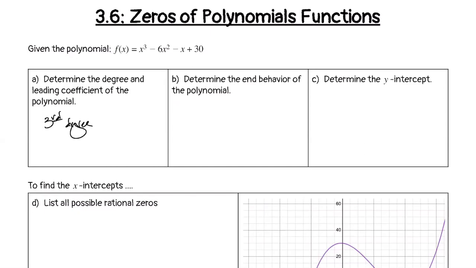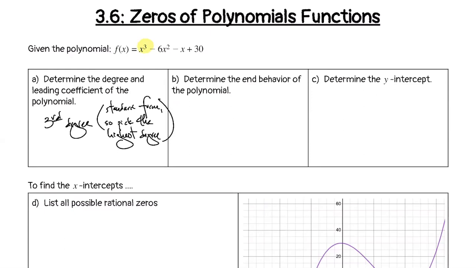And that third degree is because we have it in standard form, so we pick the highest degree.